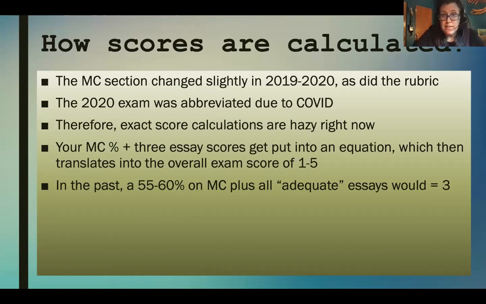In the past, 55 to 60% on the multiple choice, plus all adequate essays, not amazing essays, but adequate, is what it would take to get you a 3. And while we don't have the data to back it up at this point, I think it's still safe to say that we're going to be in the same range now.